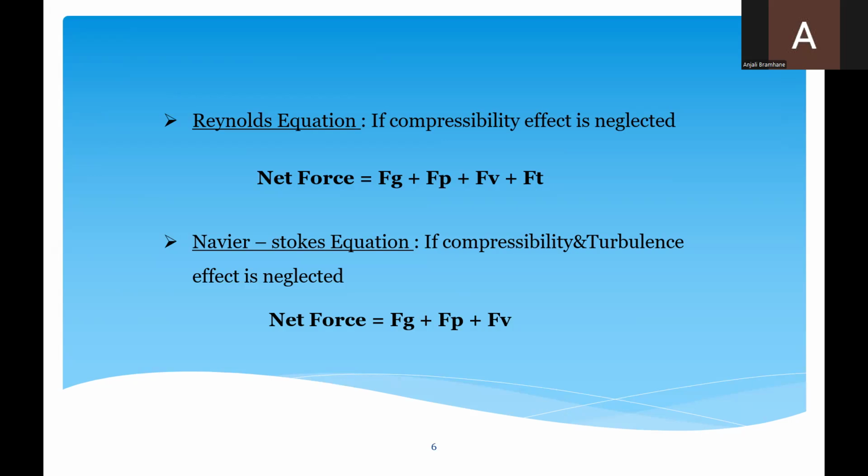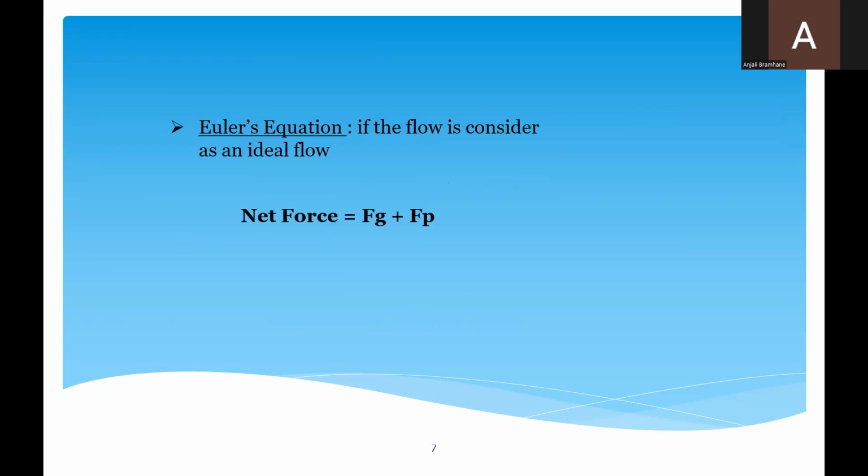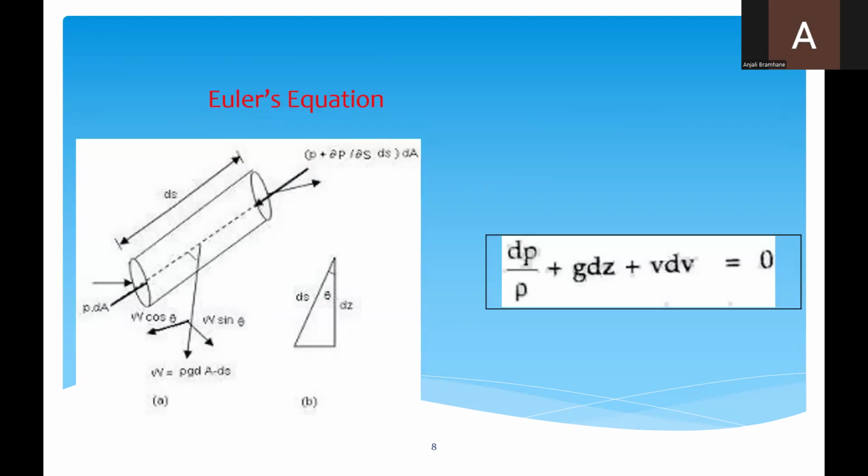If compressibility and turbulence effects are neglected, the net force is gravity force plus pressure force plus viscous force. It is the Navier-Stokes equation. The last is Euler's equation. If the flow is considered as an ideal flow, the net force is equal to gravity force plus pressure force. This is Euler's equation.